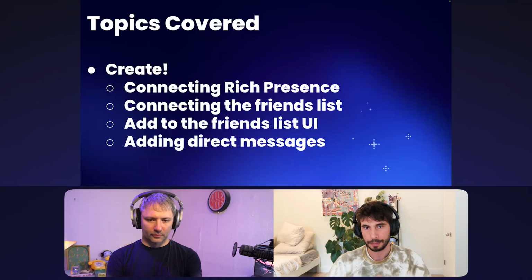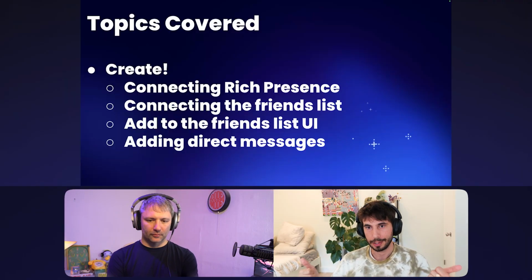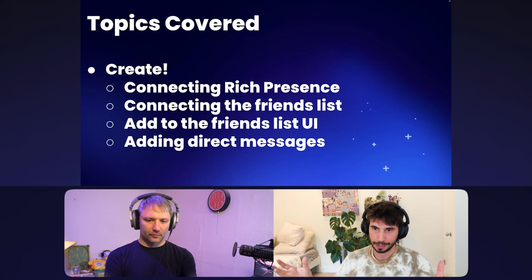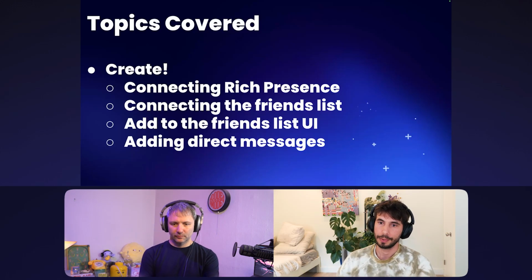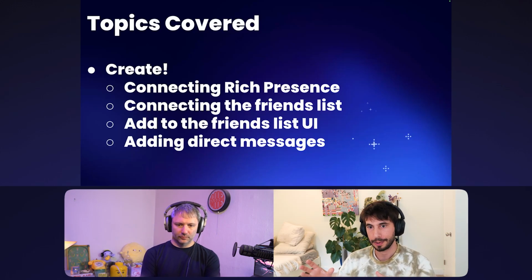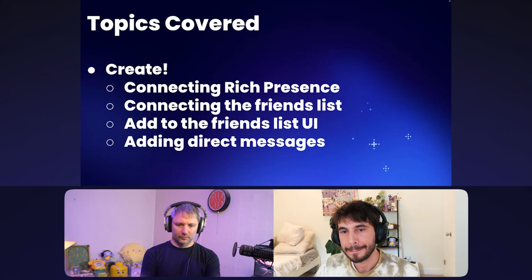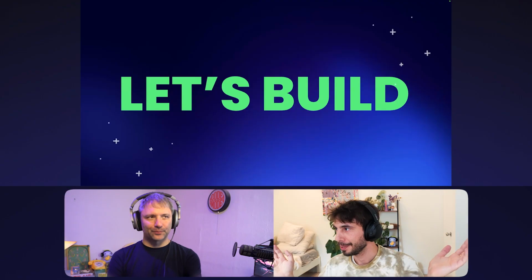And then once we do the setup, which should be pretty quick, we're going to create with it. So we'll show you how to create or connect rich presence, the friends list. Those are prefabs that are already built up in the sample, how to easily connect those into your game. And then we'll modify the friends list UI a little bit to allow us to choose people to direct message and implement a little bit of direct messaging. Sweet. Yeah, so let's build.